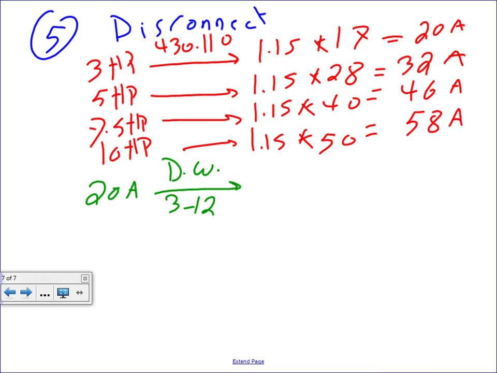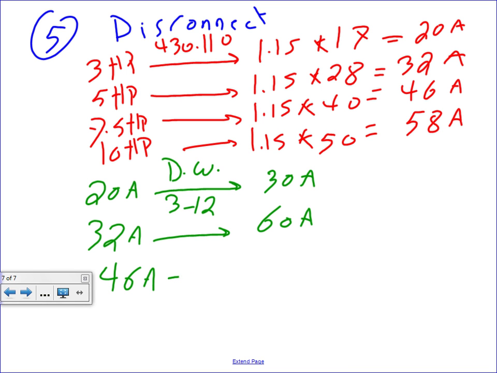If you guys go there, there is no 20, the next standard is 30 amp. The second one is 32 amp, and from the same page, that will give me 60 amp. The third one is 46 amp, that will also give me a 60 amp. And the last one is 58 amps, that will give me also a 60 amp.